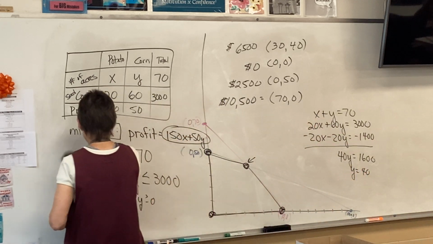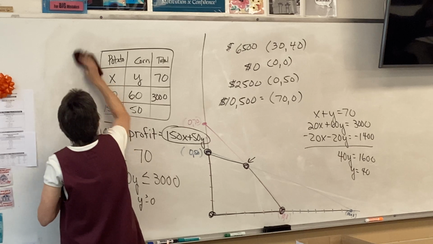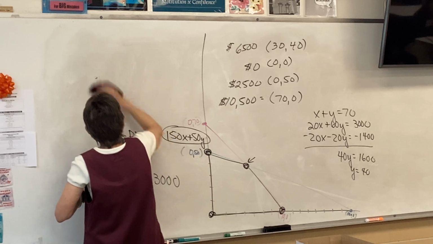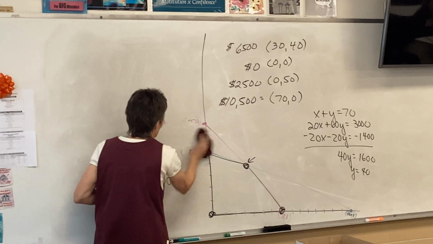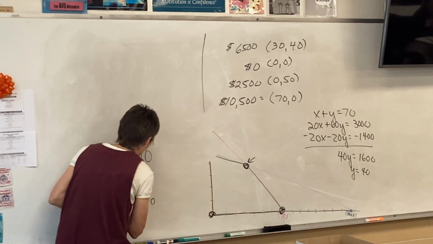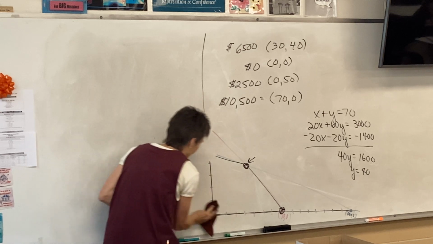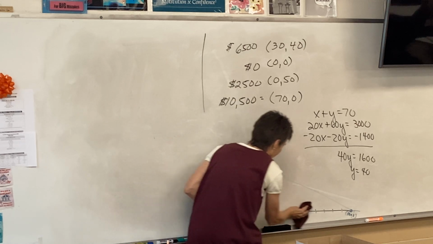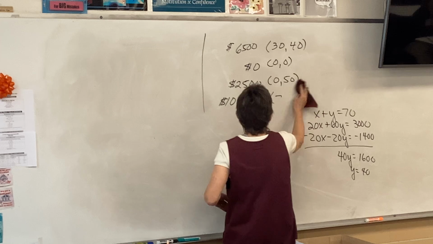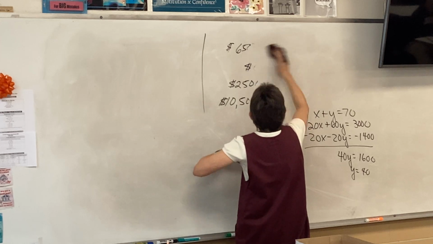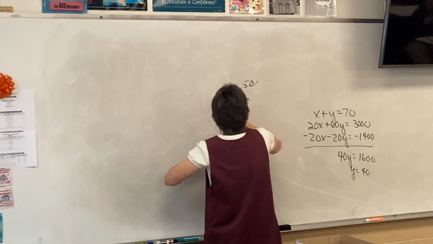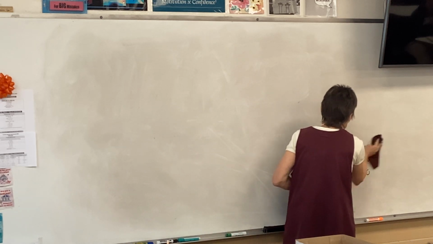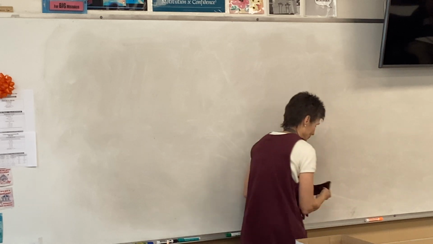And then X. Now let's graph. What's the objective? 20X plus 25Y.